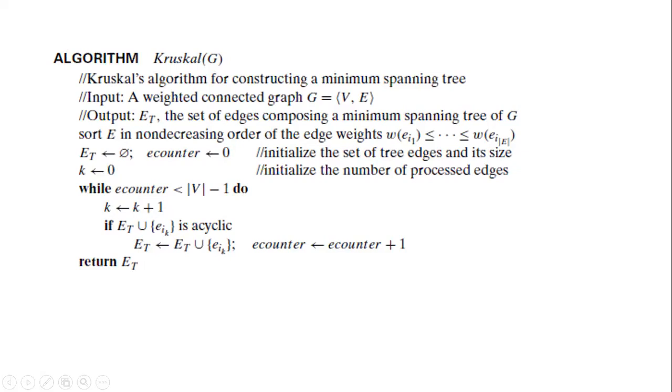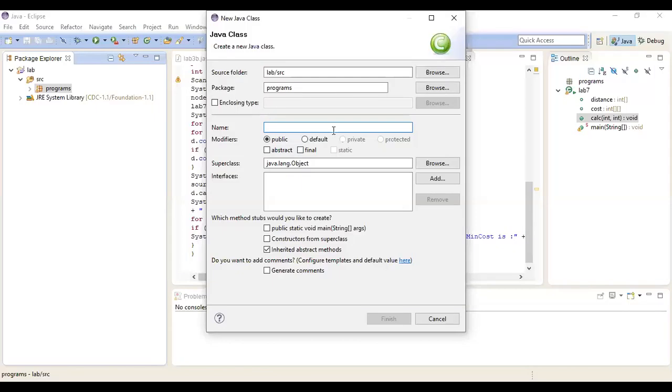Now let us see the execution part of this particular algorithm. We are creating a class with the name lab 8. It's public static void main.